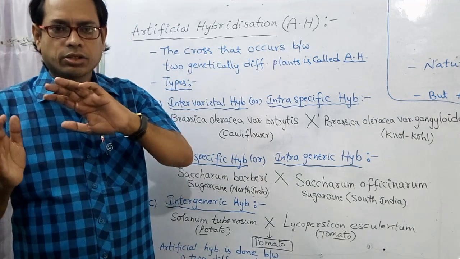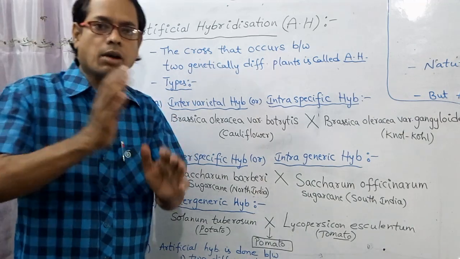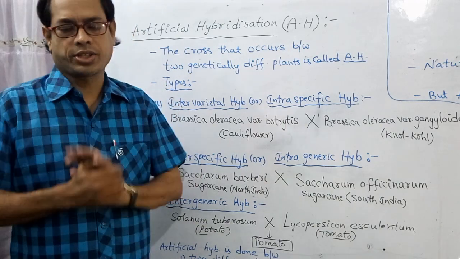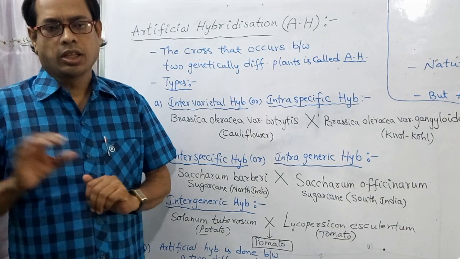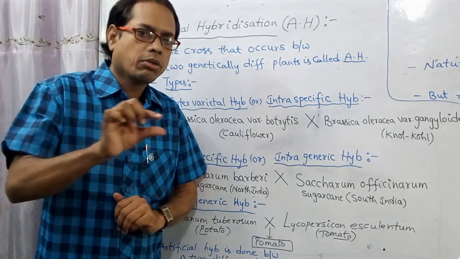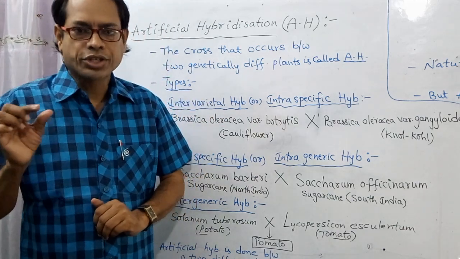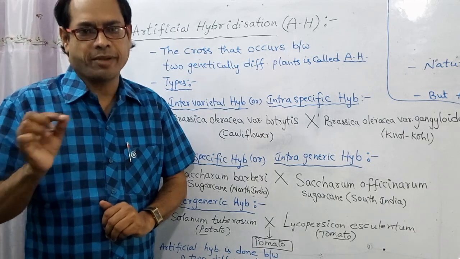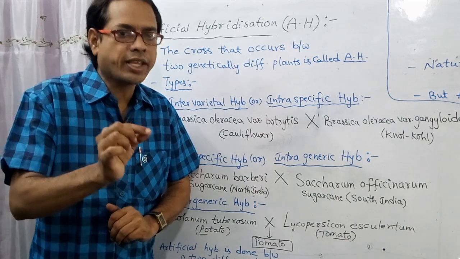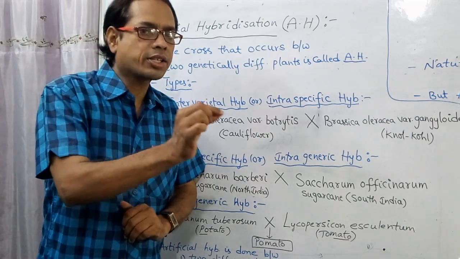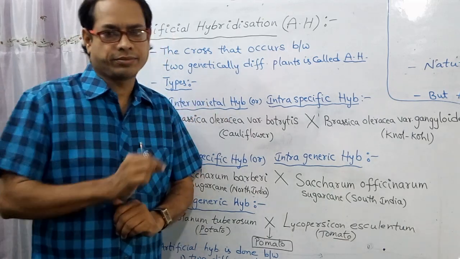Whereas in zoological names, the third component is called subspecies, not variety. Try to remember this one. The three components in botanical name: first component is called generic name, second component is called species name or specific epithet, third component is called variety.